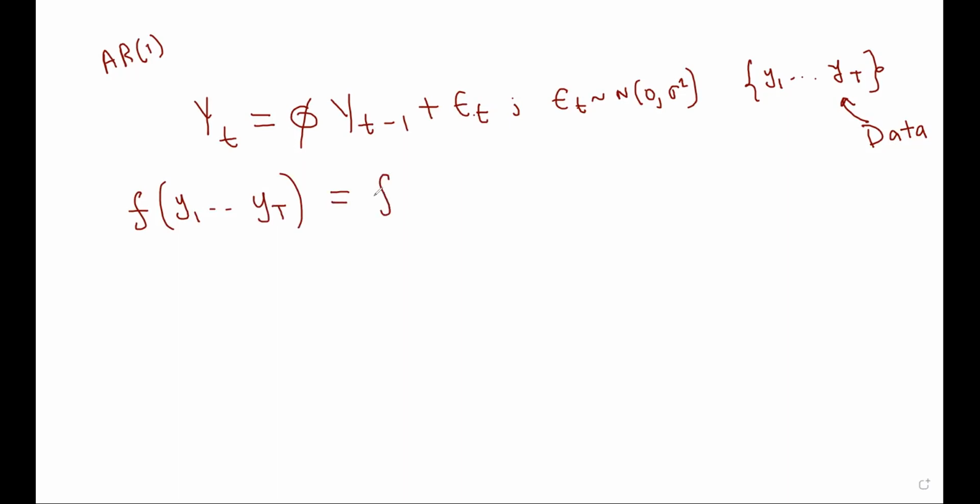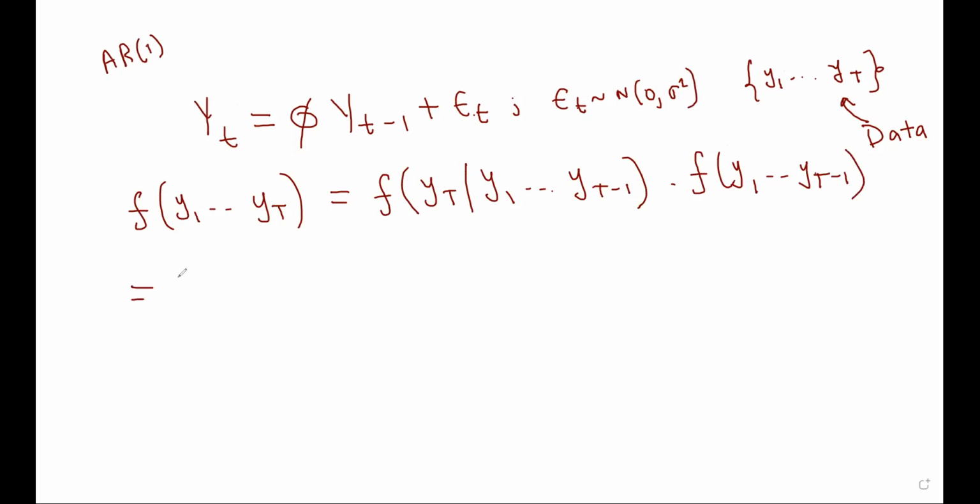It's simply the density that capital YT will take this value, conditional on these, multiplied by the rest, isn't it so?